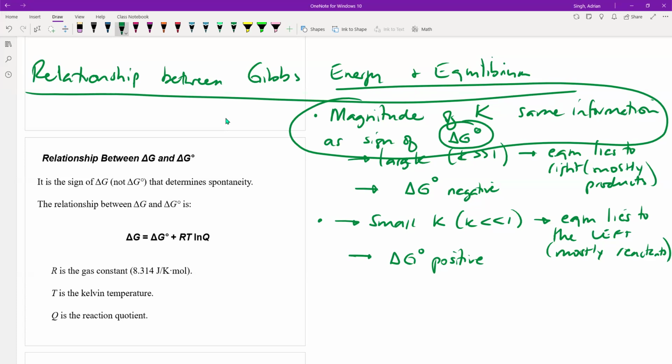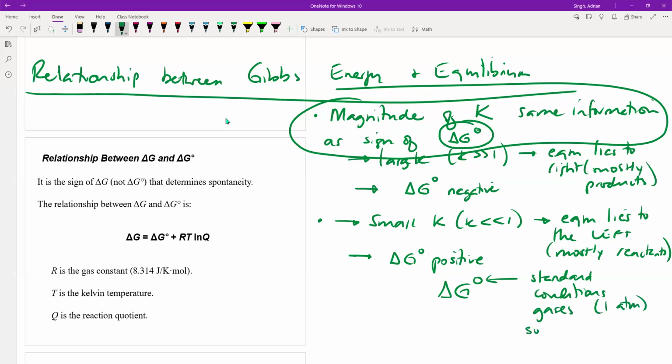So remember, when we talk about delta G standard, this is under standard conditions. For the two most commonly encountered physical states, for gases, this assumes that they're all at 1 atmosphere.